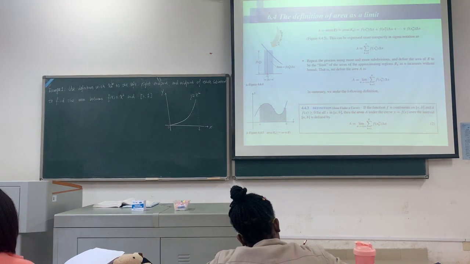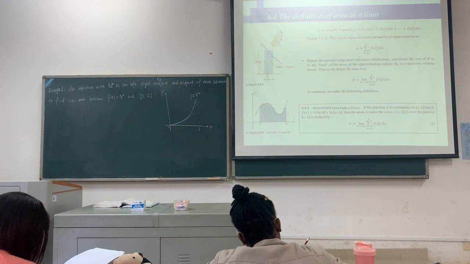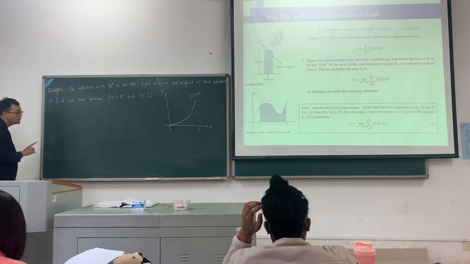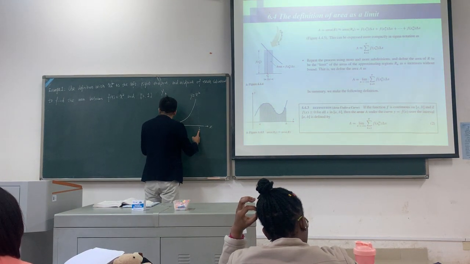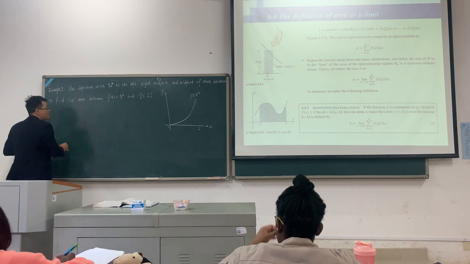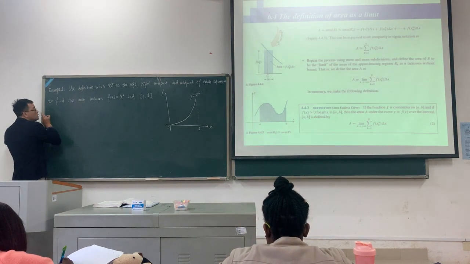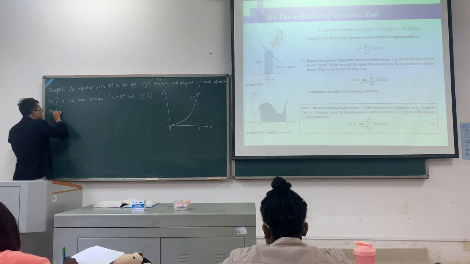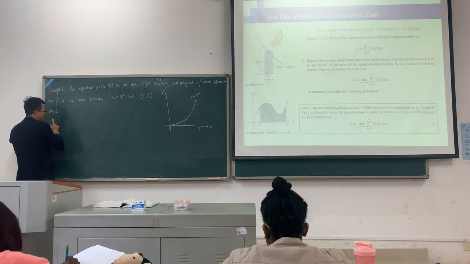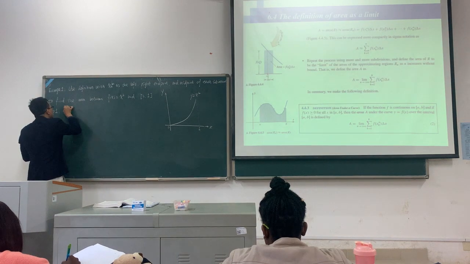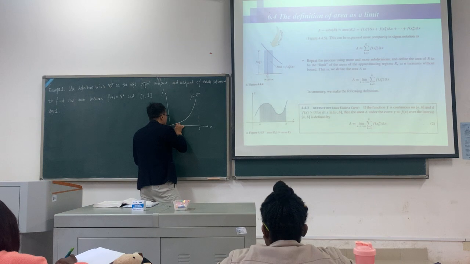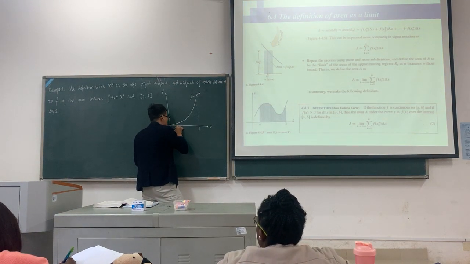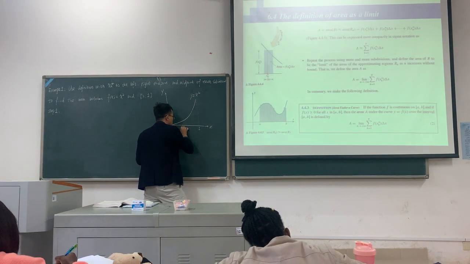So the first step is you need to divide the closed interval into n equal subintervals. Step one, divide here. For example, here is the x1, here is the x2.